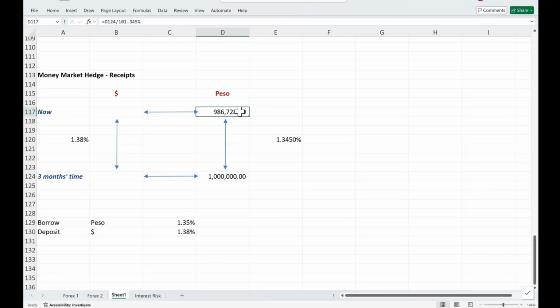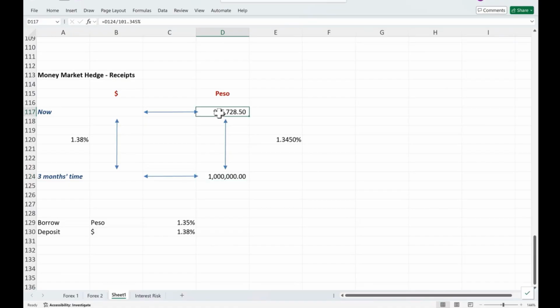That is the bank loan of peso we will borrow today. After 3 months, with the interest cost, it will exactly equal 1 million. When I receive 1 million peso from the customer, I have a 1 million peso loan. I receive and I pay my loan back. That's it.